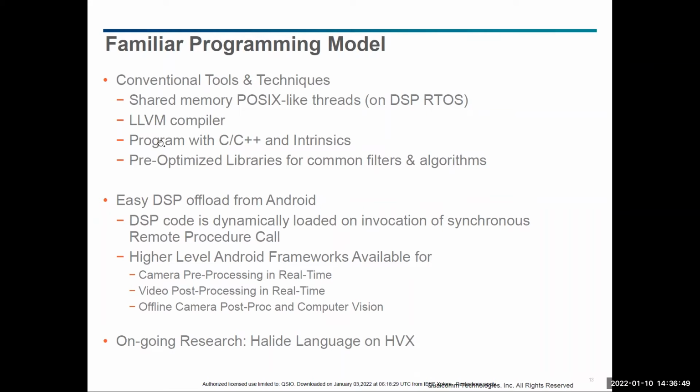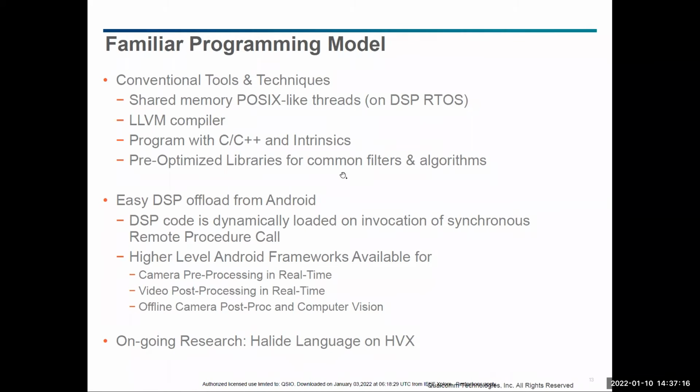Along with all these features that I mentioned above, there are some pre-optimized mathematical libraries and computer vision libraries. And we even have an SNPE library, which is for machine learning algorithms. These pre-optimized libraries have hand-optimized kernels for HVX execution, and they are free to be used by our programmers.